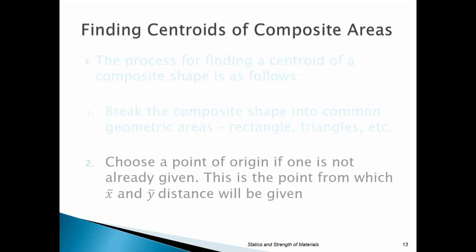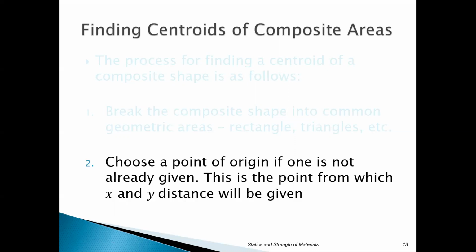Then you're going to choose a point of origin if one is not already given. Normally on these problems, they're going to tell you where the origin is, because otherwise everybody could have different answers based on where you choose your origin point. So we're going to have an origin and then define an x and a y axis, and that origin is where you're going to get your x bar distance and your y bar distance.